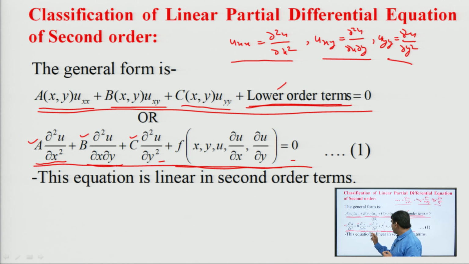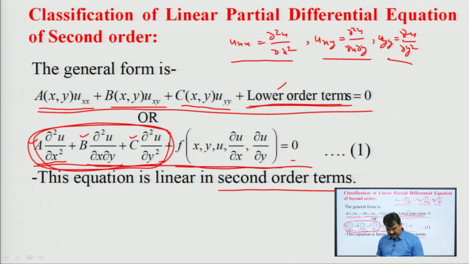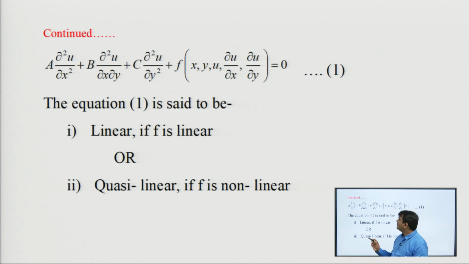So, here we can see that this equation is linear in second order derivative. In second order terms, if you consider the second order terms consist of these three terms, and in these we can see the degree of second order derivative is 1. So, this is linear in second order terms. So, this is the second order linear differential equation general form.